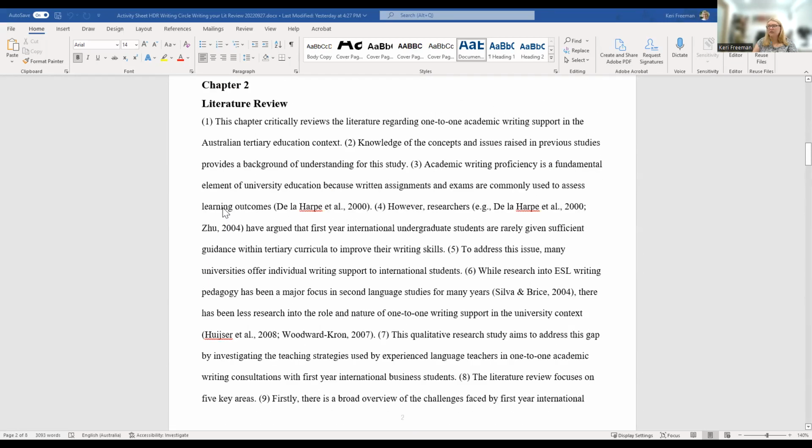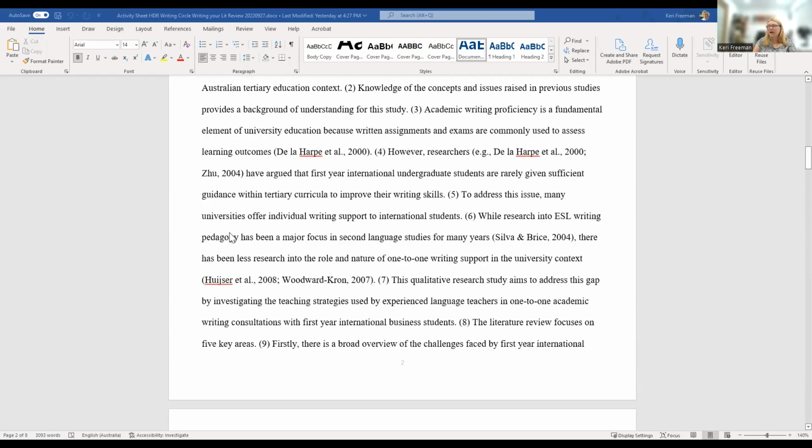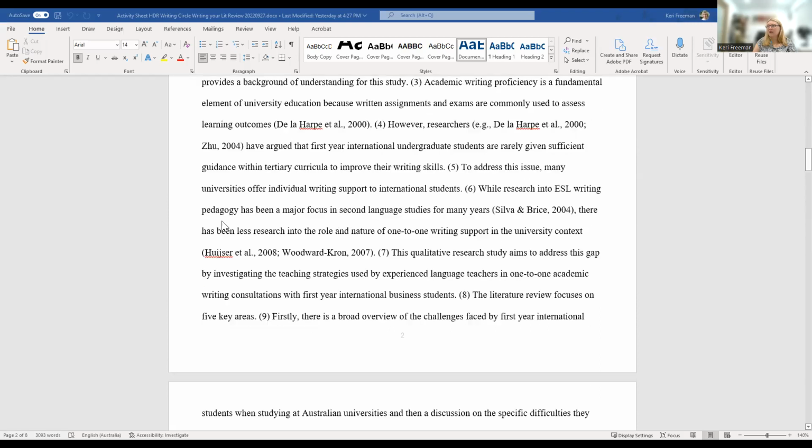This chapter critically reviews the literature regarding one-to-one academic writing support in the Australian tertiary education context. Knowledge of the concepts and issues raised in previous studies provides a background of understanding for this study. Academic writing proficiency is a fundamental element of university education because written assignments and exams are commonly used to assess learning outcomes.